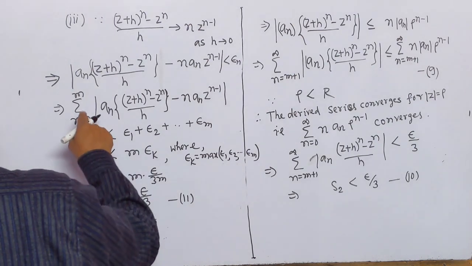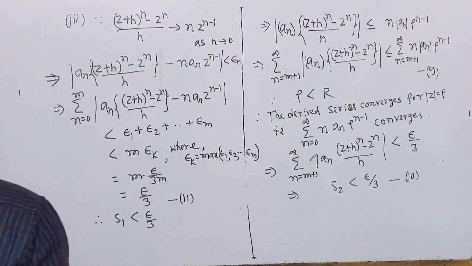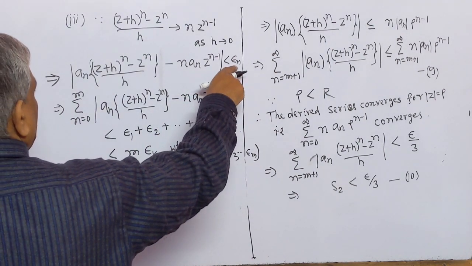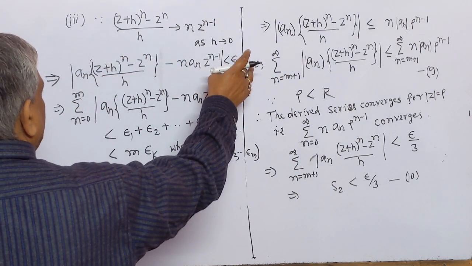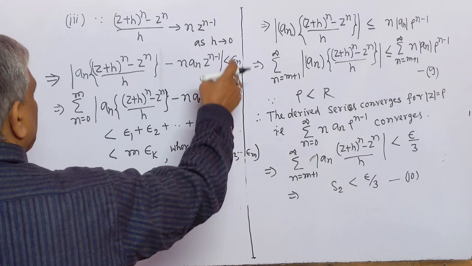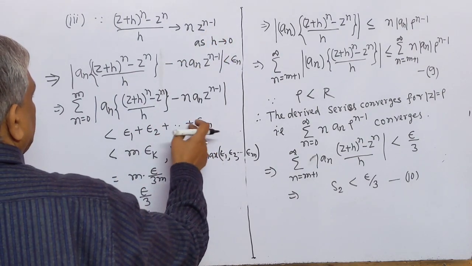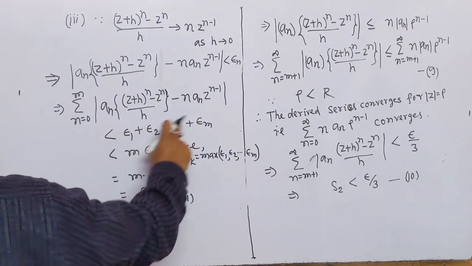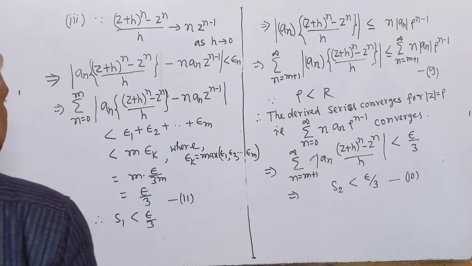Now we use the sigma n equal to 0 to m. Here each term is less than epsilon 1, epsilon 2, epsilon 3. So here we write epsilon 1 plus epsilon 2 plus epsilon m. For this sigma we get m number of epsilon.